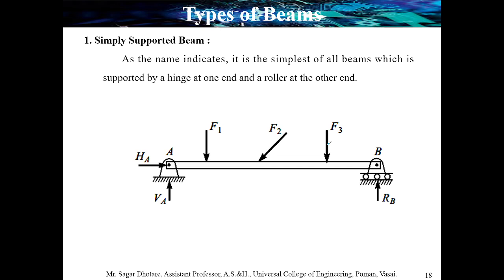As we know, the roller can move in the horizontal direction, the vertical motion is restricted, and so the reaction occurs in the vertical direction. So at point B, RB is applied in the upward direction.